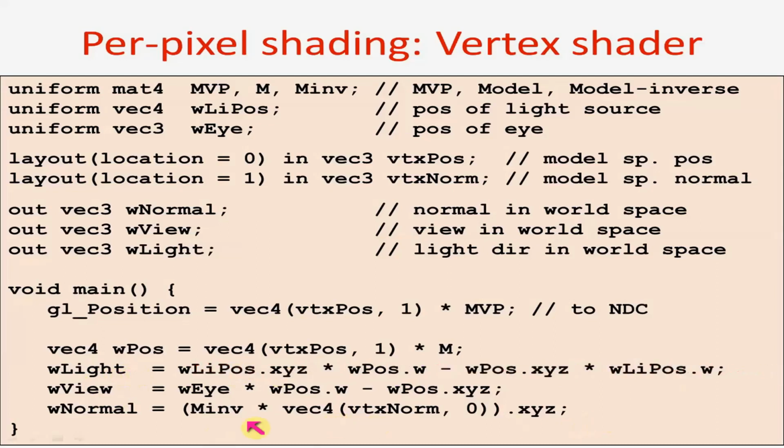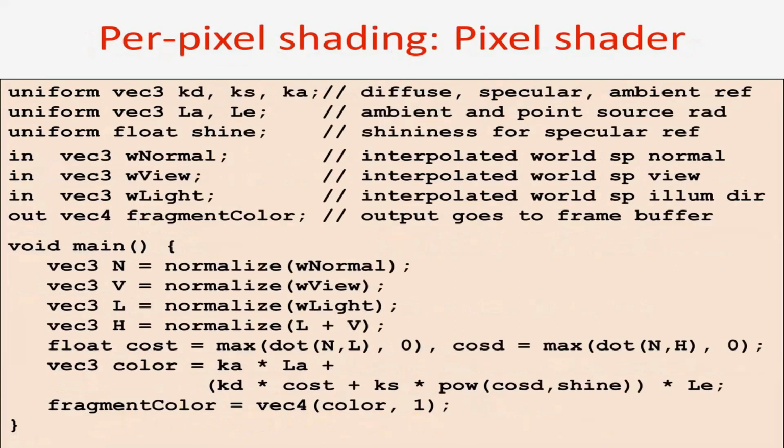The normal vector is transformed to world space with the application of the inverse modeling transform matrix. The pixel shader gets the interpolated output vectors of the vertex shader, W normal, W view, and W light, as well as uniform variables encoding the material properties and the light source parameters.